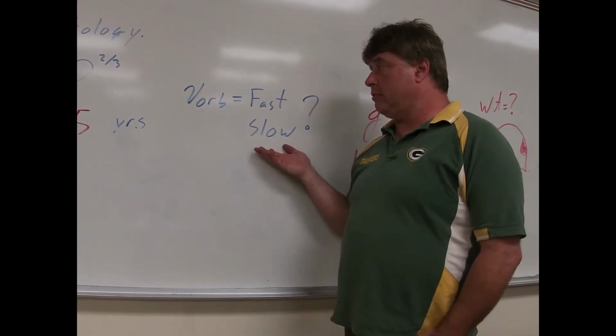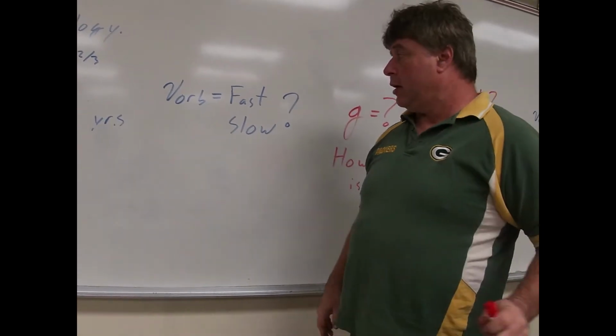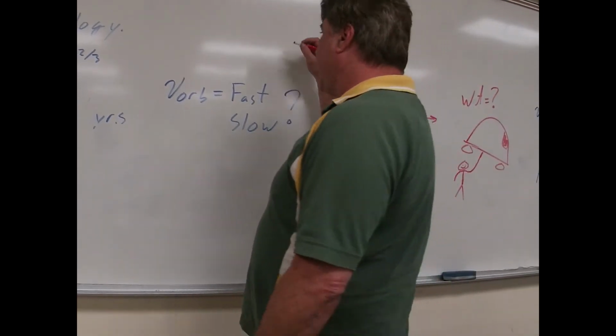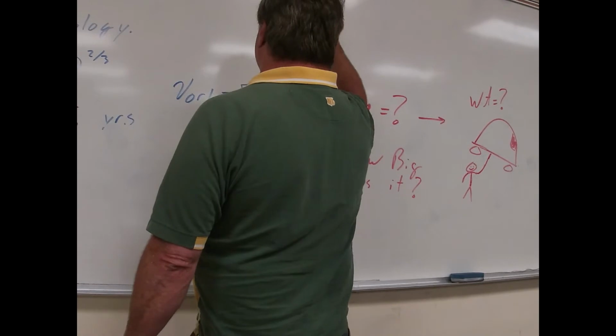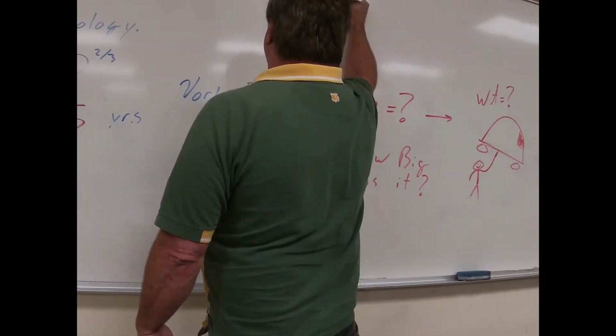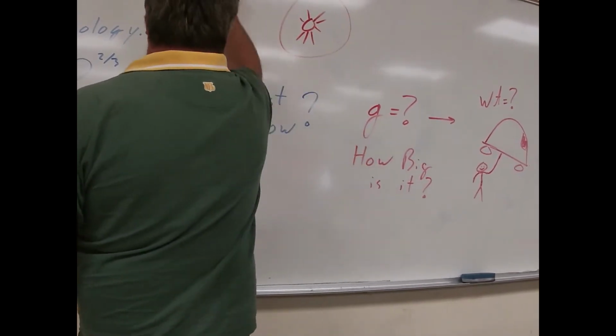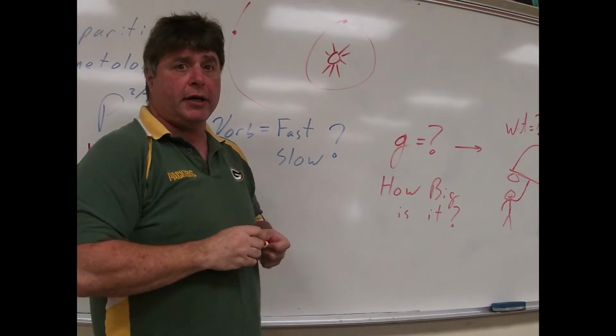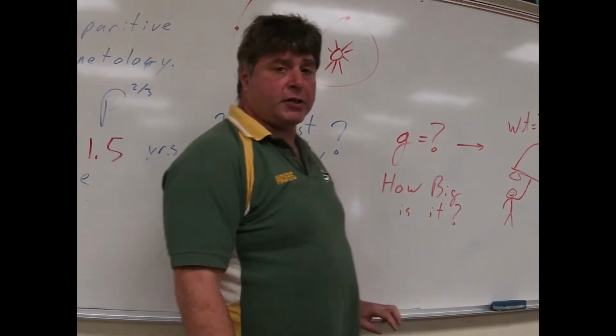The next one we come to is the V orbital, and whether or not it's fast or slow. Now, of course, it's fast when the planet is near the sun, right? And of course, that's the law of universal gravitation. This planet has more force acting on it, so of course it's going to be going faster.